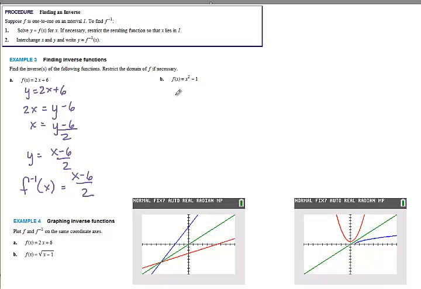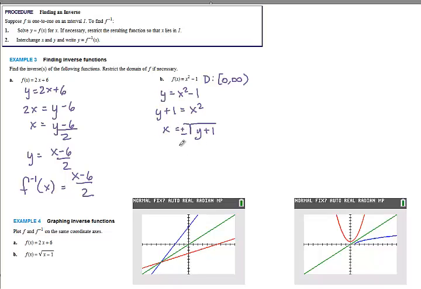Let's play it again. We'll need to restrict this domain. We're going to say that the domain is going to be restricted, and we looked at this in the previous example, from 0 to infinity. That way I can have an inverse. So y equals x squared minus 1. I'm going to solve for x. Y plus 1 equals x squared. X equals square root of y plus 1, and I need to remember my positive negative case.